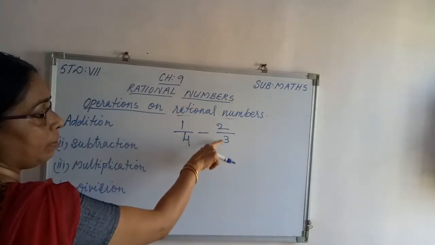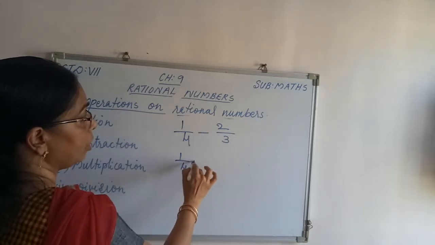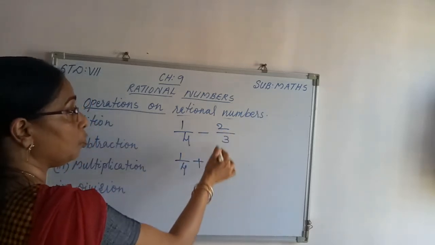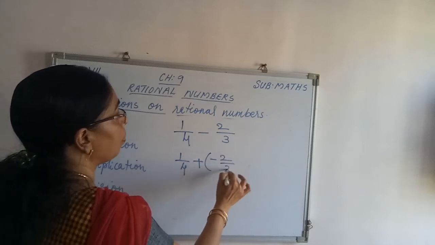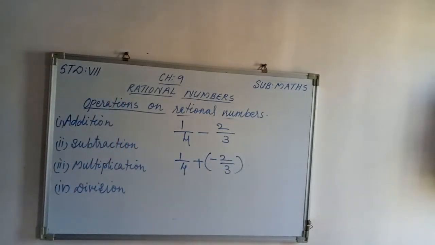This is the number to be subtracted, so this minus sign changes to plus, and we take the additive inverse of 2/3, which is minus 2/3. This is the procedure. Now you know the steps how to add it. Take the LCM, make the denominator same, and then we can add it.